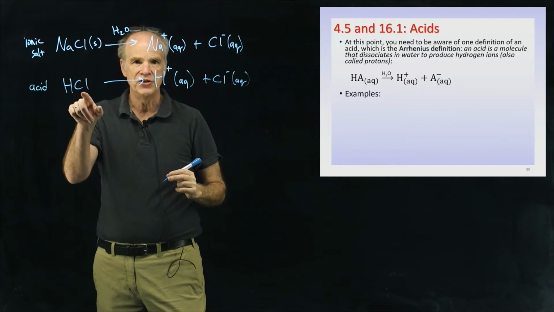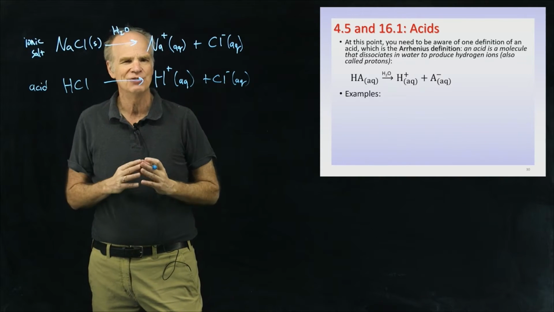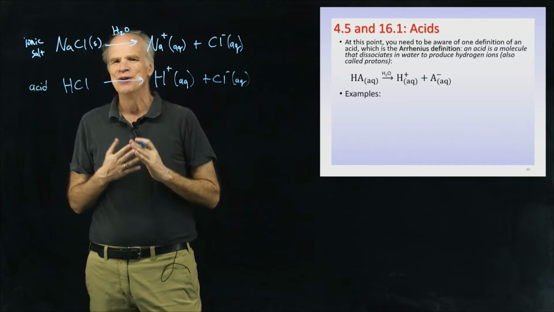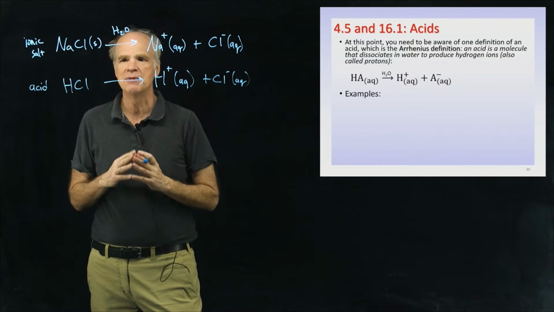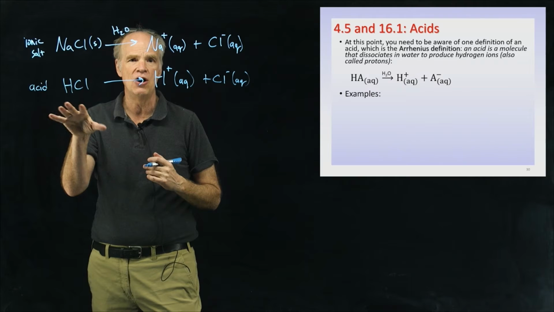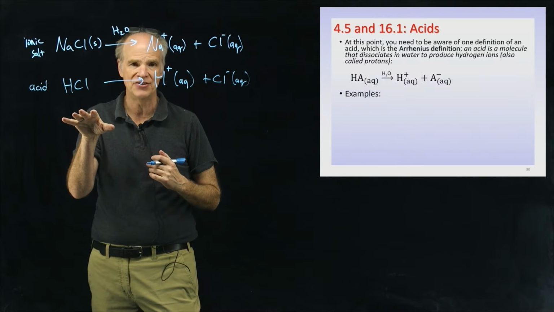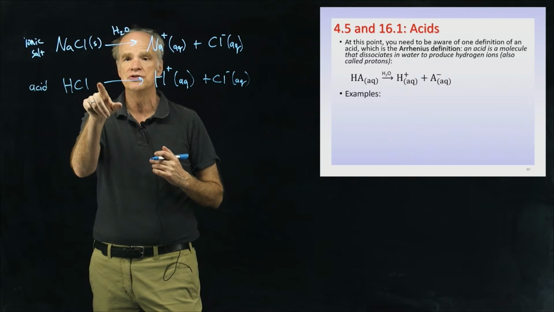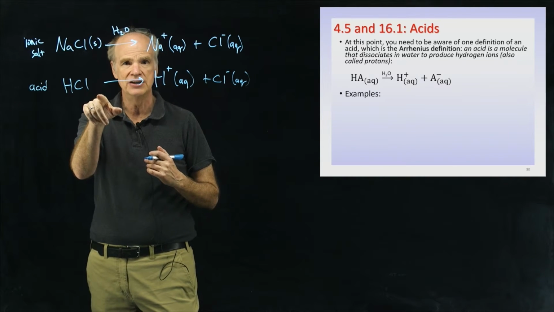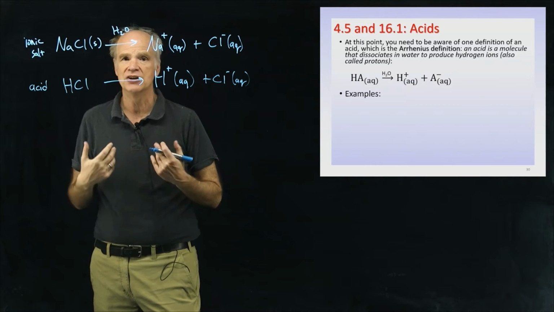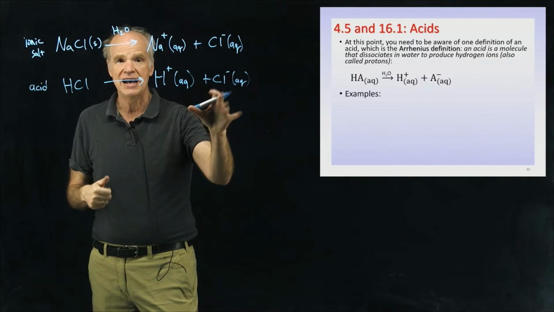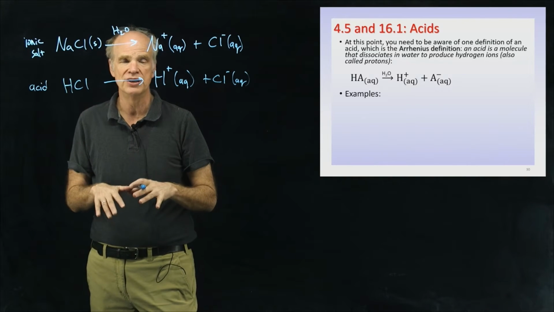Now, what is the state symbol for HCl? Well, it depends on who you talk to. But what's interesting about HCl, along with all the other hydrogen halides, is that at room temperature and pressure they are gases. So you could put a G here to indicate the gaseous state, because in order to create hydrochloric acid, you would have to take the gas and bubble it into water.